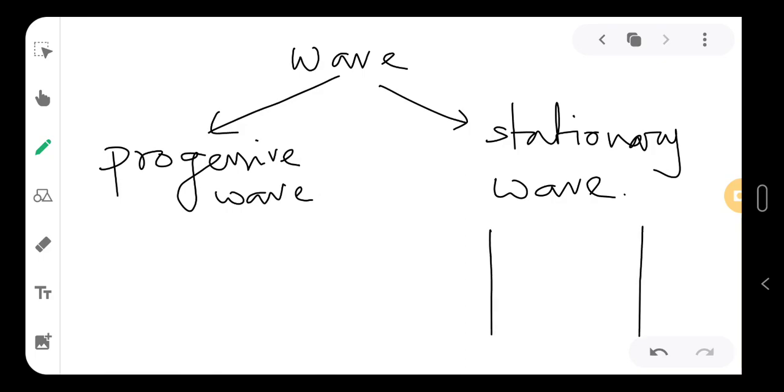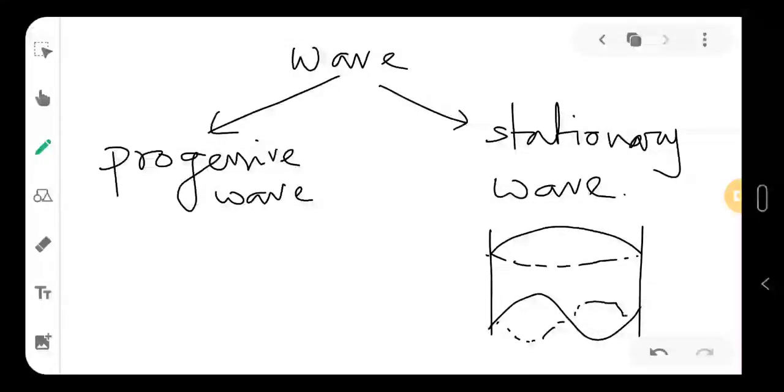fixed place. This kind of wave you generally see in your musical instrument or string, like a guitar. In those cases, if you give a little disturbance to the string, it generally creates some sort of wave like this. This occurs most of the time when there are constraints, like you can see here the spring is fixed and here the spring is fixed.